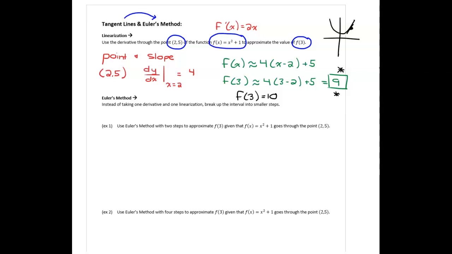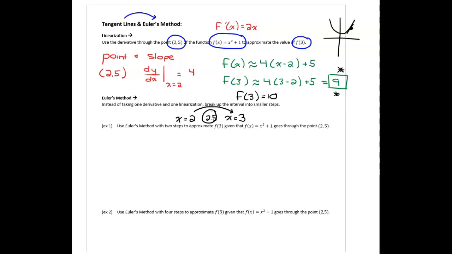Instead of jumping from x equals 2 to x equals 3, making this huge jump, what if we just go from x equals 2 to 2.5? And then when I get to 2.5, let's reevaluate. Where is my estimate and what is my new slope? So with Euler's method, instead of taking one large jump, we are going to take steps.